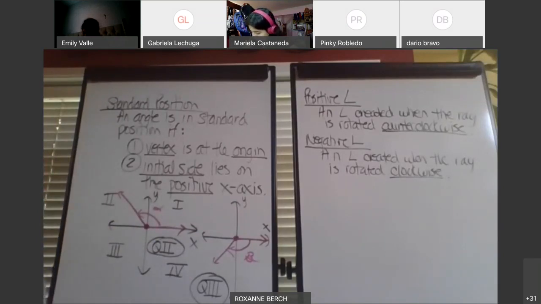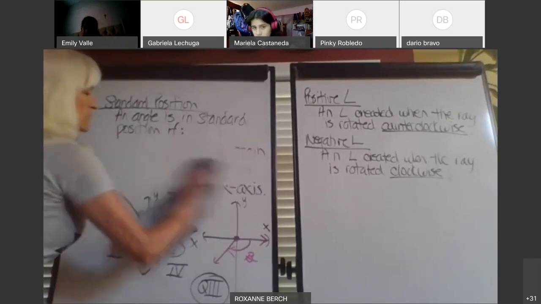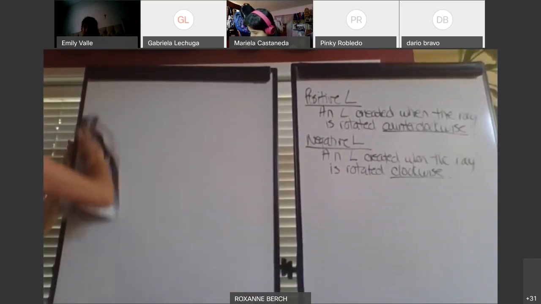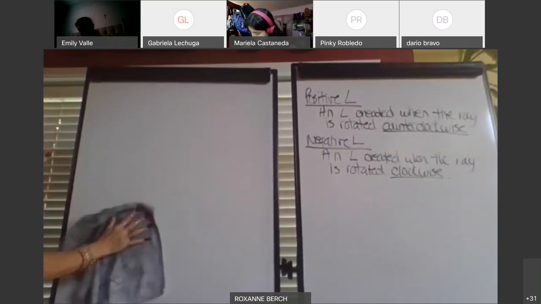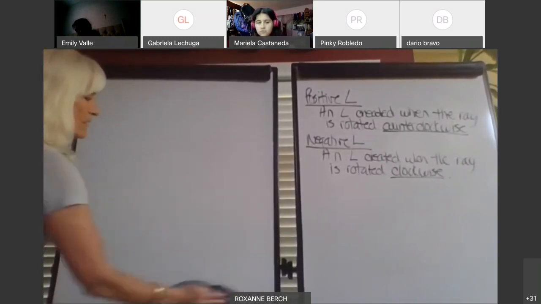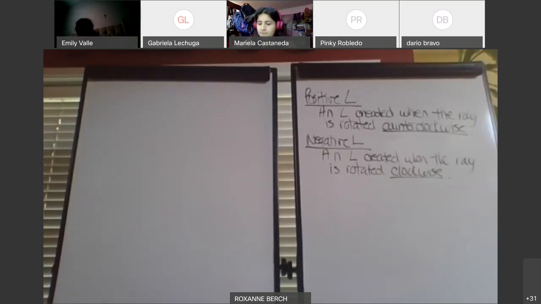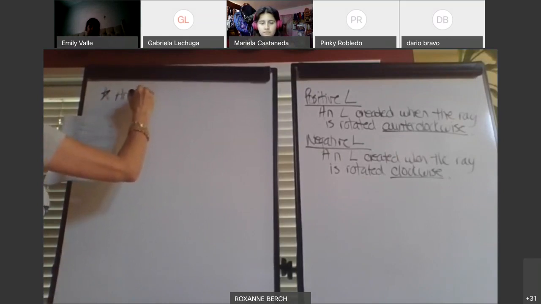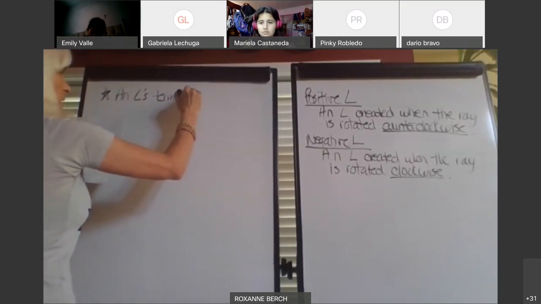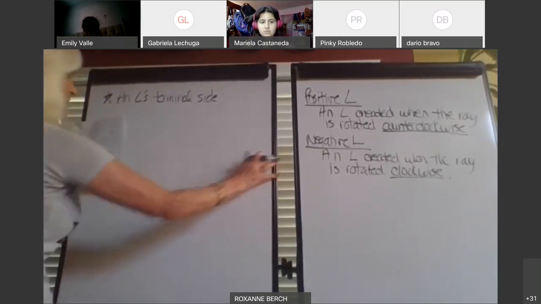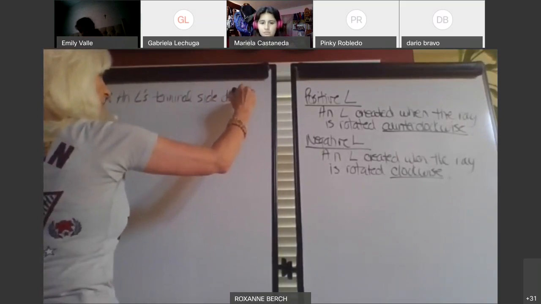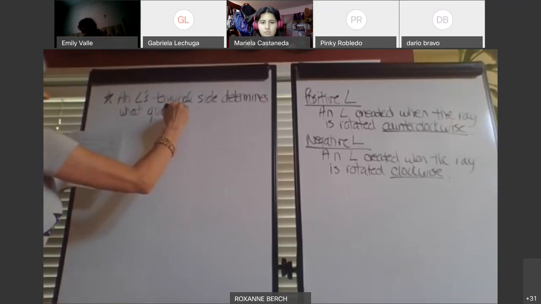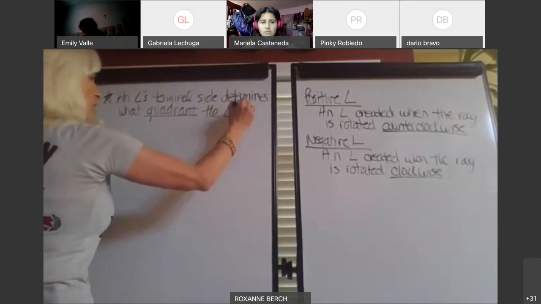More things. So note, an angle's terminal side determines what quadrant the angle lies in.